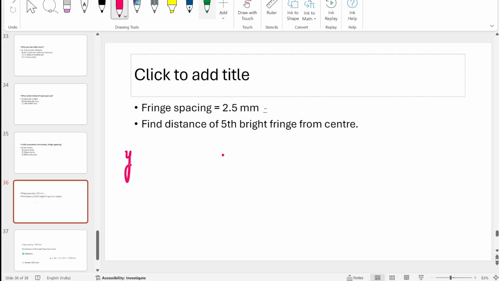So now you want y, the fifth bright fringe from the center. This lambda D over d is the fringe width, and you just multiply it by 5 times 2.5. So that is 12.5 mm.